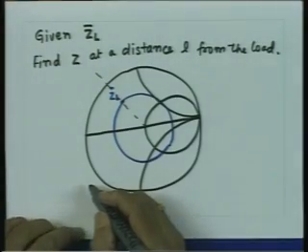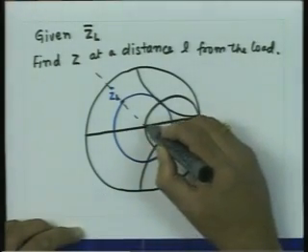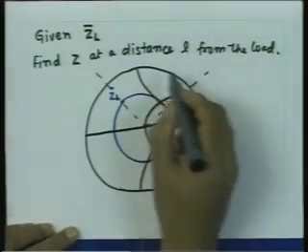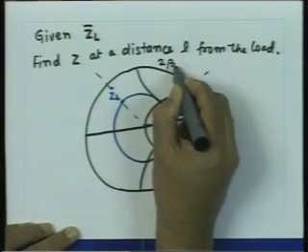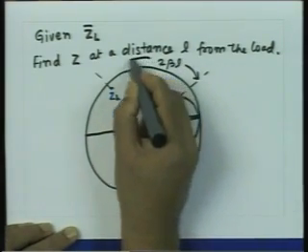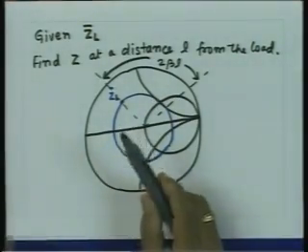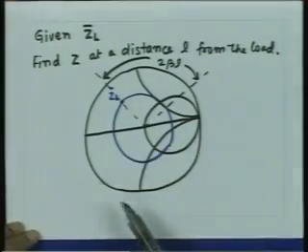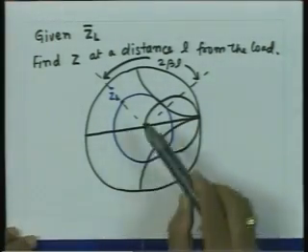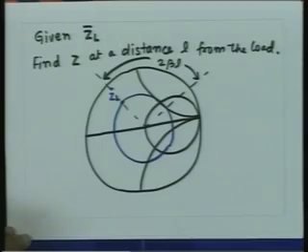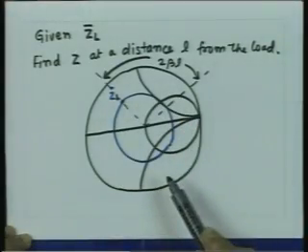I rotate my point on the constant VSWR circle by an angle which is 2 beta L. Keep in mind, we are rotating in the clockwise direction because we are moving from the load towards the generator, and distances measured towards the generator are positive distances. That means L is positive and therefore the angle becomes more negative. So, the point moves in the clockwise direction.